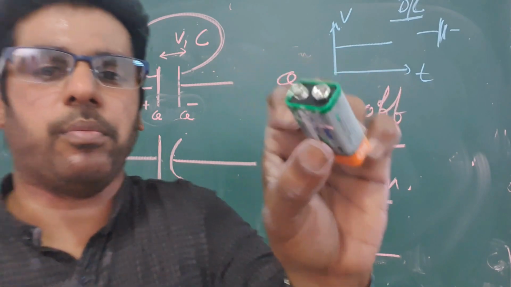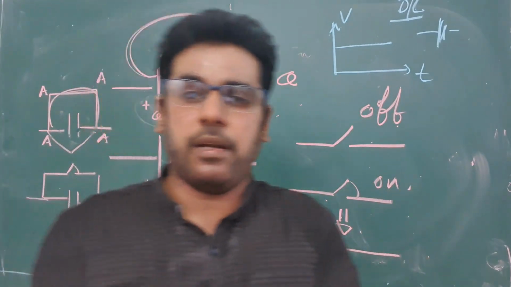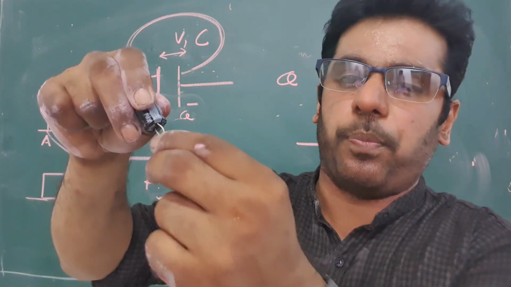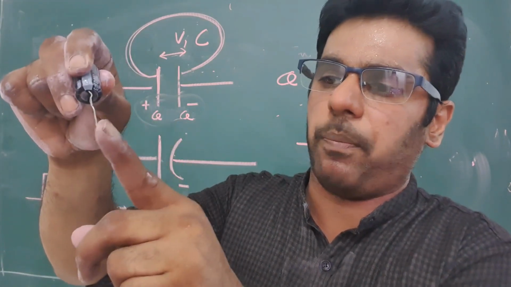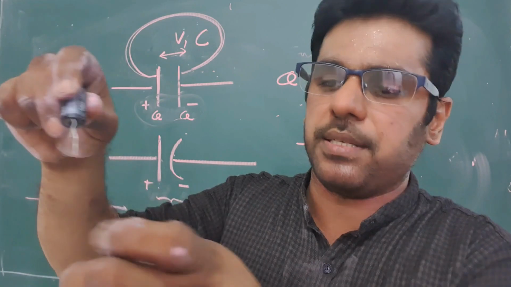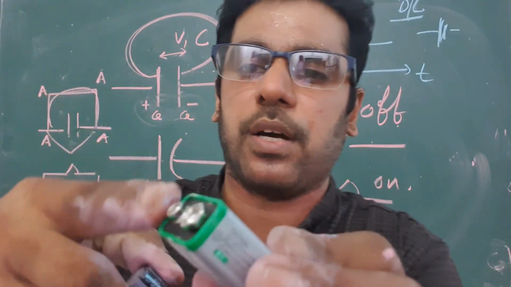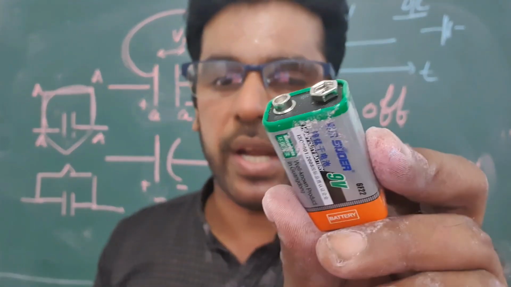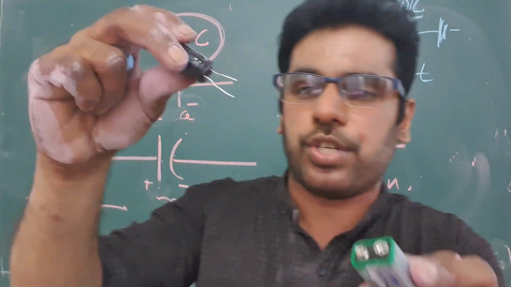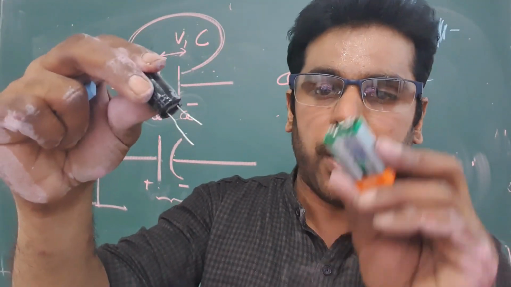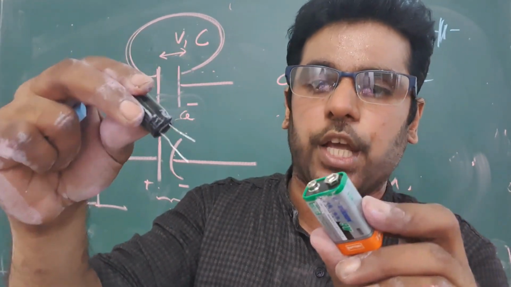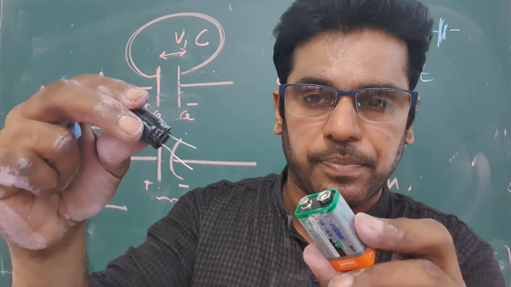Now everyone knows, when I take these two points, the longer part is a plus, the short part is the minus. I am going to charge this capacitor using the 9-volt battery. I give 9 volts.